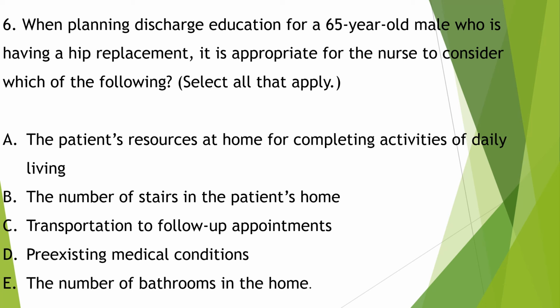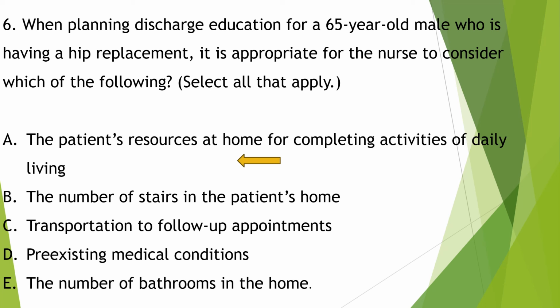So, when the nurse begins to make plans for the patient's discharge to home, it is very essential to think about whether they will have help with the activities of daily living. The patient should have enough resources at home to do the activities of daily living. If not, the patient may need to spend more time in the hospital or be discharged to a rehabilitation center for a short time.